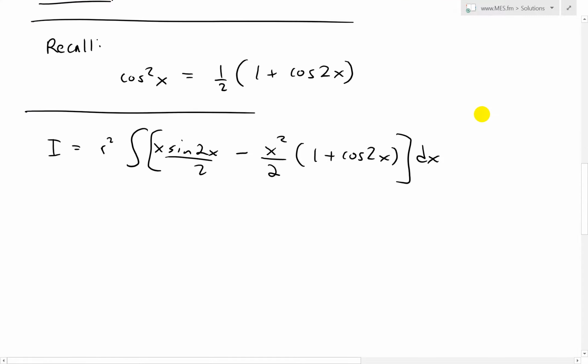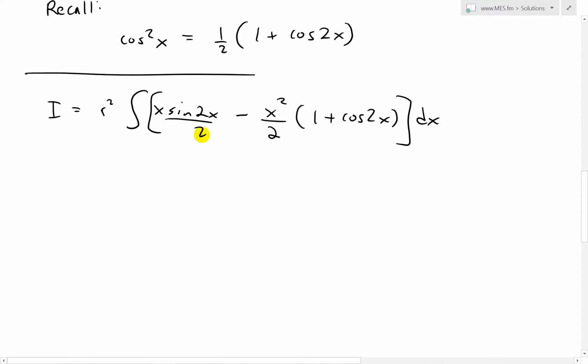So now the next thing we could do is simplify this integral even more by removing this 2 there. So factor that out. If we factor it out, we get I equals r squared over 2, and let's fix this r better. And then the integral is going to be x sine 2x, and now this one we can multiply the x squared inside.